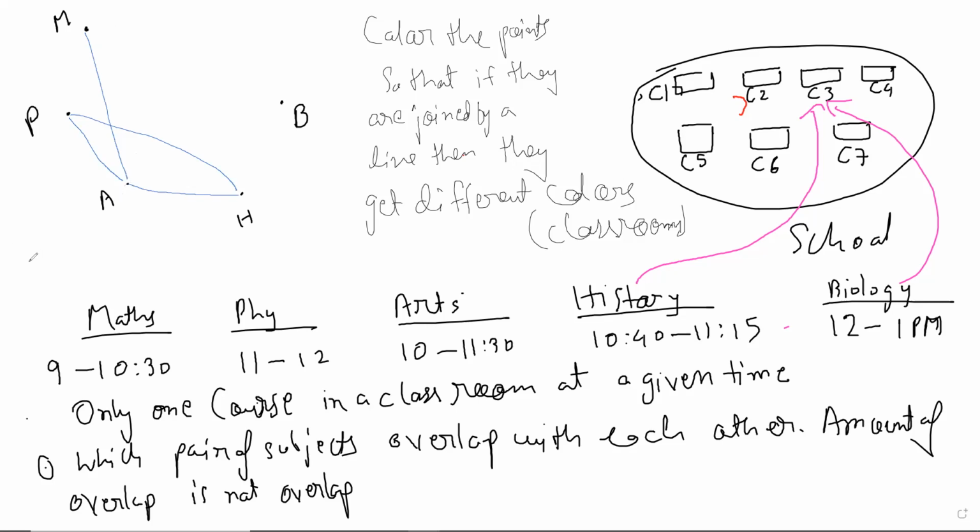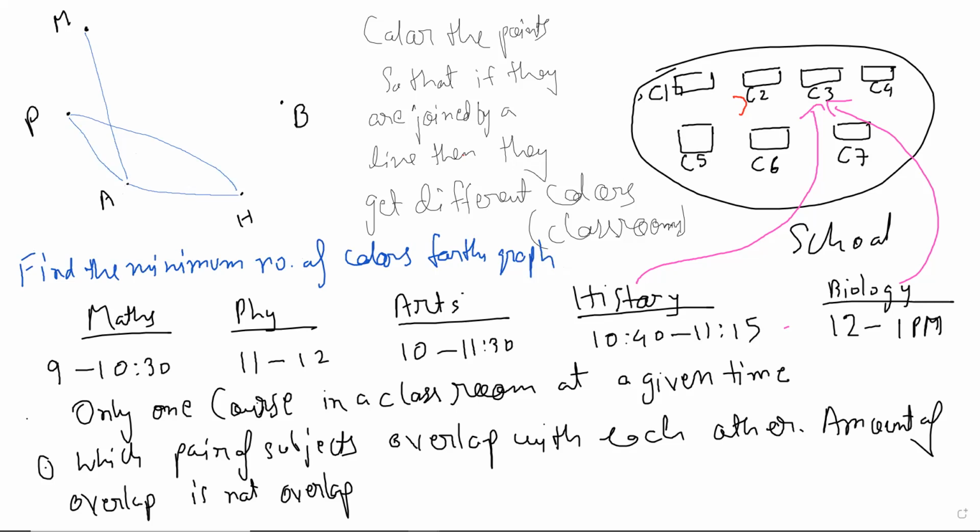Okay. So then the question becomes the old question. Find the minimum number of colors for the graph, for this picture. So this we have seen earlier, right?